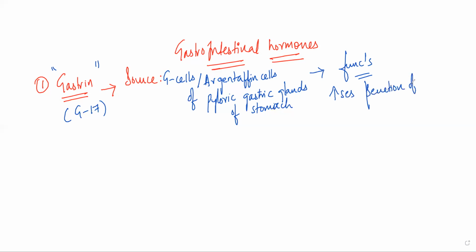So who secretes the hydrochloric acid? It's going to be the oxyntic cells, right? So they act on the oxyntic cells and stimulate them to pour more hydrochloric acid. Okay, oxyntic cells of the gastric glands.